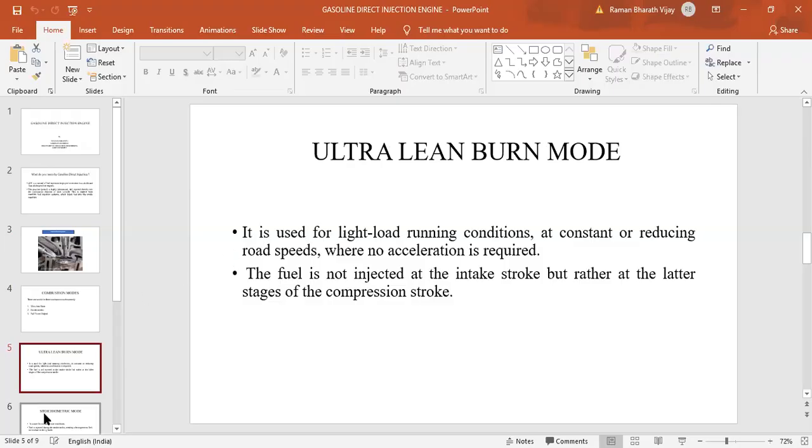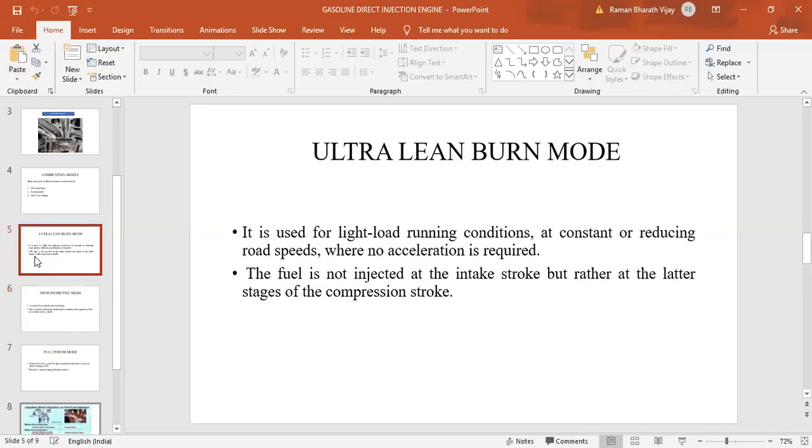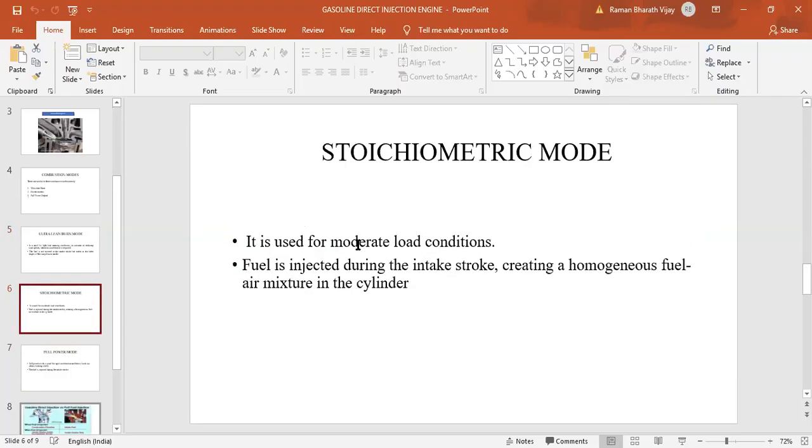Next, we will go to the stoichiometric mode. We have seen that in ultra lean burn mode, it is running at light load condition, whereas in stoichiometric mode, it is running at moderate load condition. If the load and the speed are moderate, then the fuel is injected at the intake stroke itself.